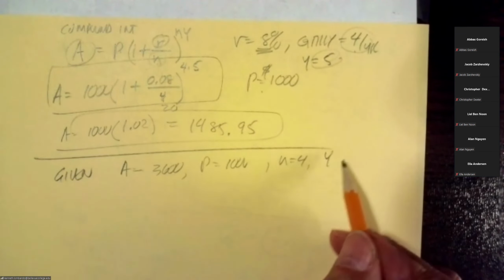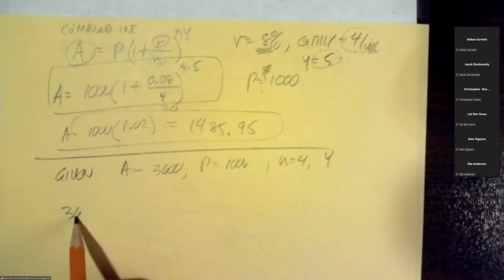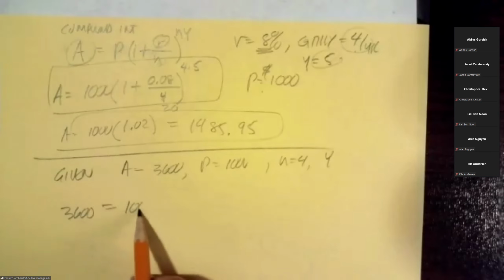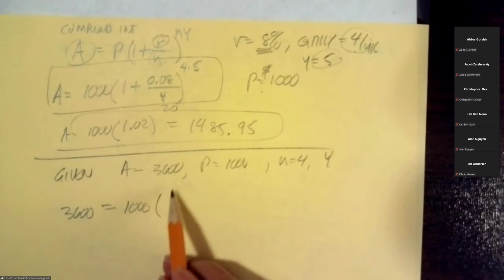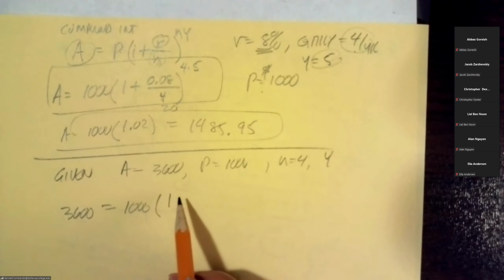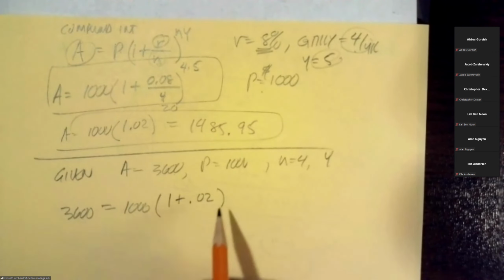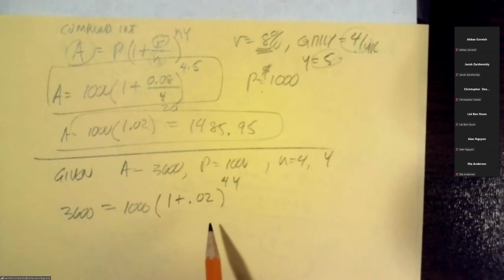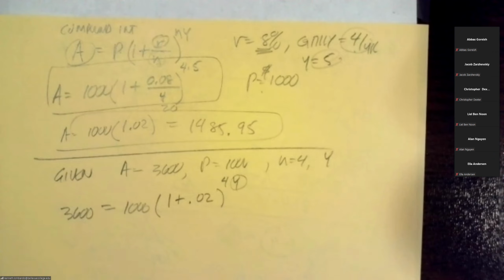What is Y? So then the equation would look like 3,600 equals 1,000 times what? 1, and then we're going to add that together, 1.02 to the 4 times the number of years. And now you're going to ask to solve for Y.